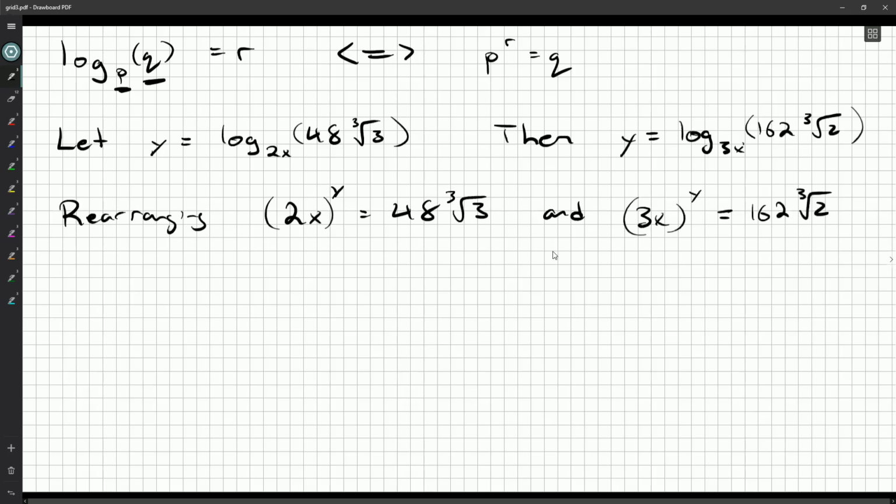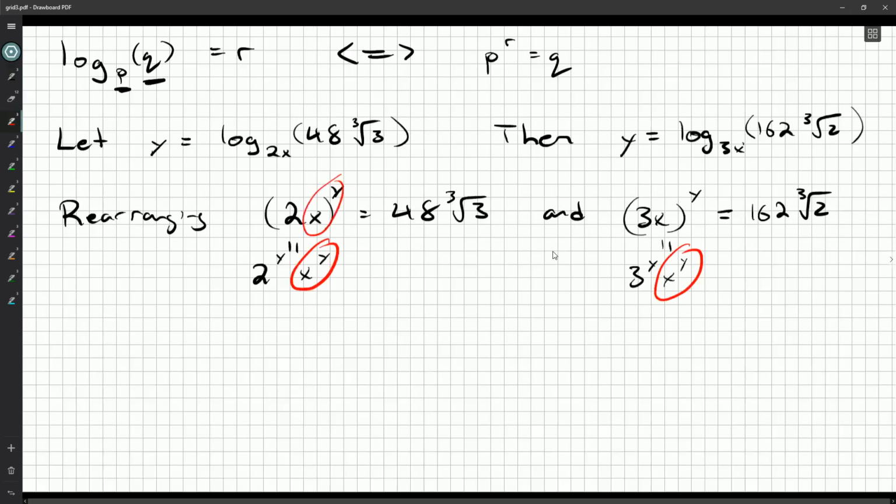So this is 2 to the y, x to the y, and we've got 3 to the y, x to the y here. Now this is 2 equations and 2 unknowns. We want to start trying to solve for things, cancel out, get everything in terms of one variable. Something that catches my eye right away is, I've got an x to the y and an x to the y.